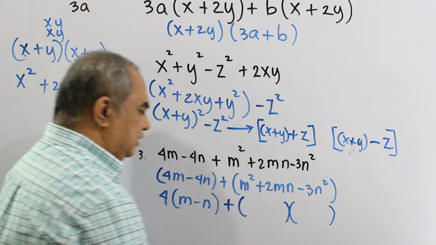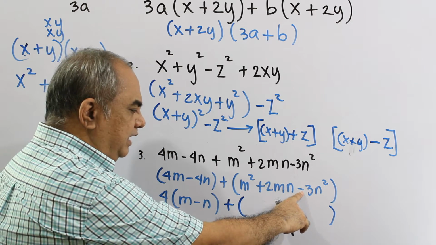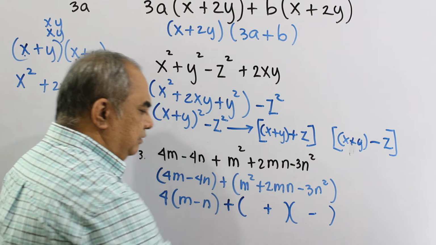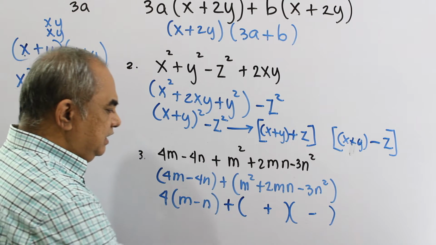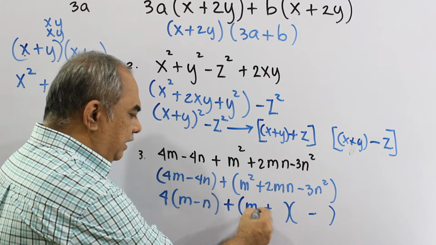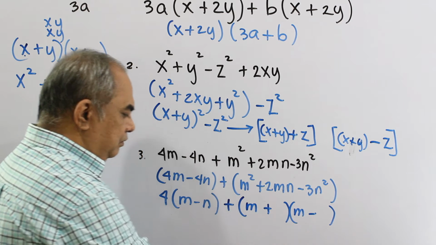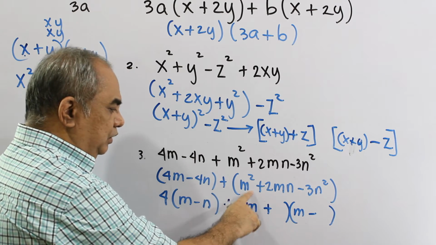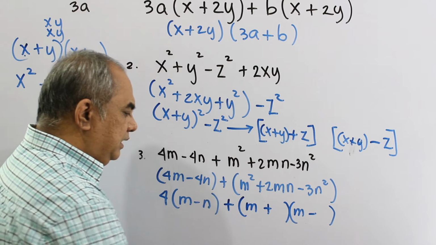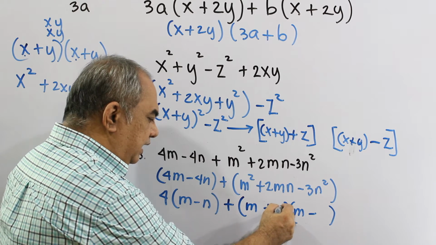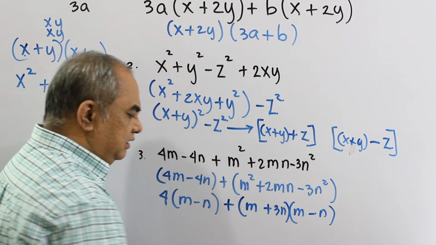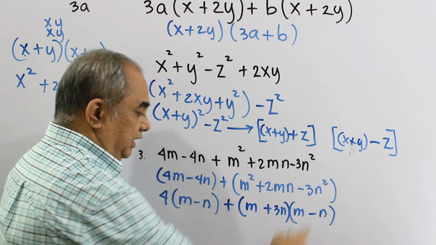Okay? So, since we have a negative sign here, we must have one positive and one negative here. And then since we have m squared here, you can write here your first m and another m, meaning m times m will give you m squared. And since we have 3n squared here, we can write here 3n and here an n, so that when you multiply this, it will give us negative 3n squared.